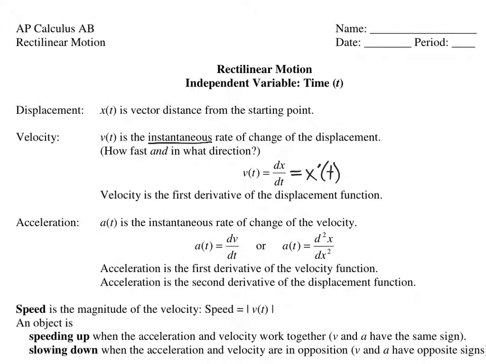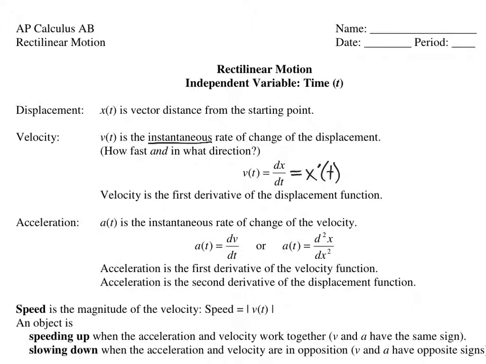Well, that 32 over 2, negative 16 feet per second, would have given us an average velocity. That's not what we're talking about here. We're talking about, at any instant, what is the velocity of this object. So, velocity is the first derivative of the displacement.